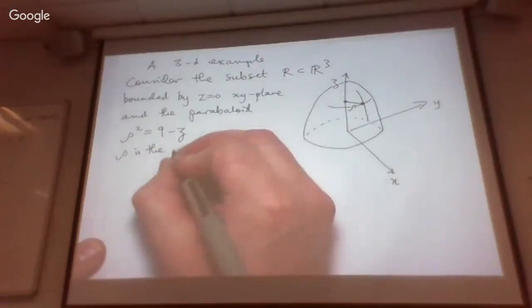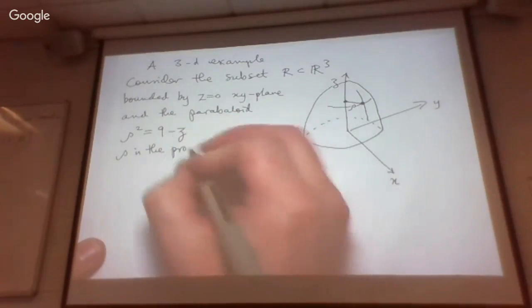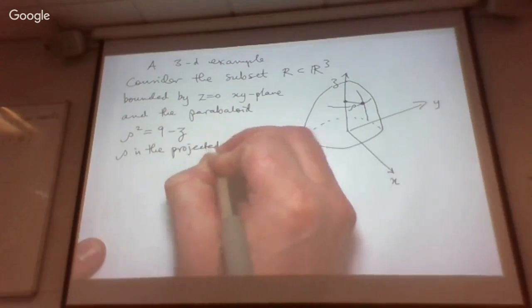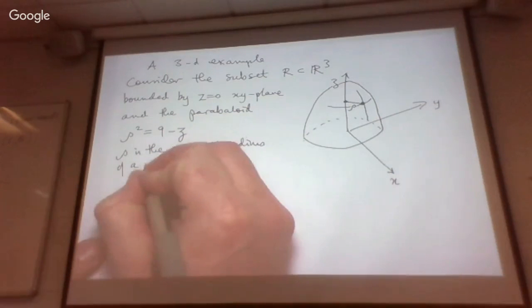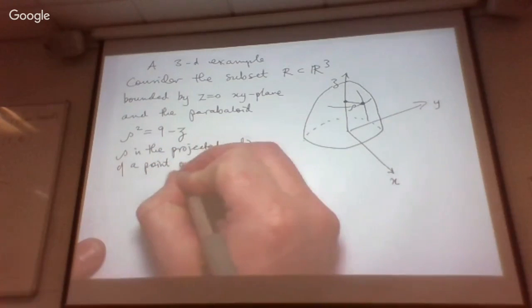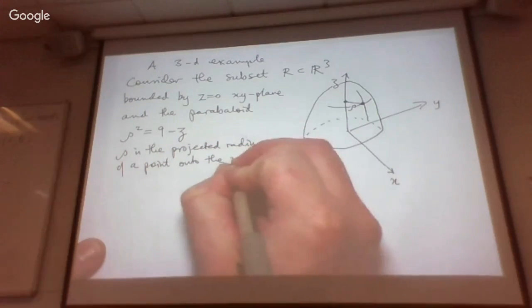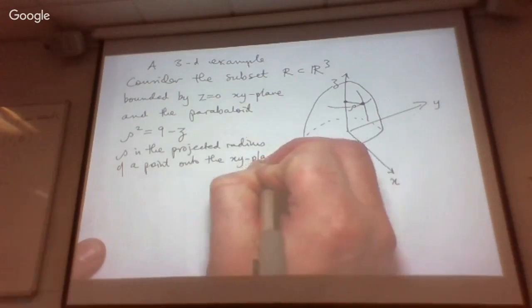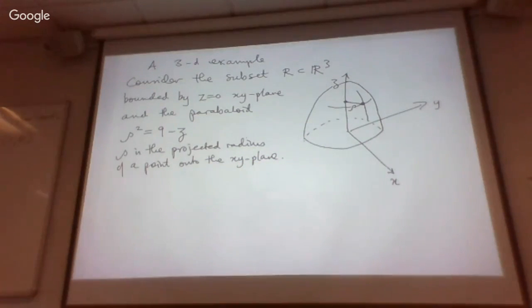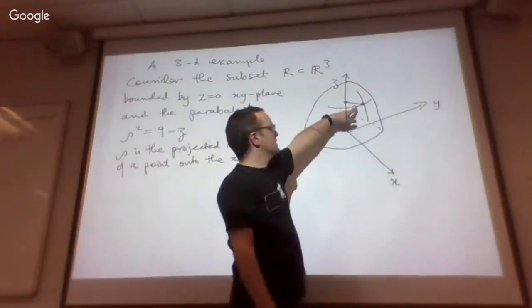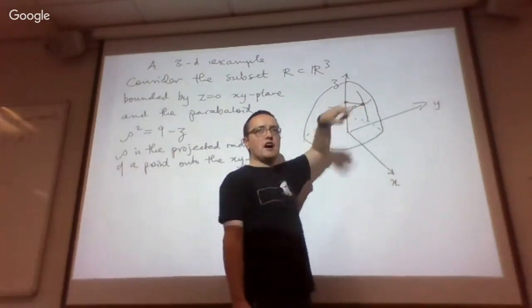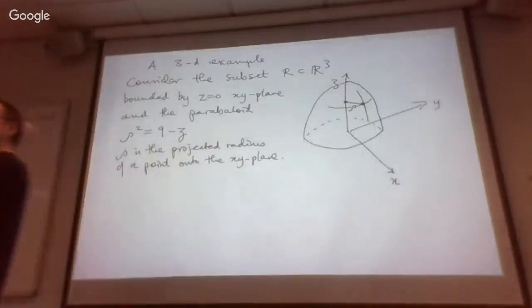Rho is the variable featuring in the cylindrical coordinate system. The projected radius of a point onto the xy plane. Or in other words, it's like the horizontal radius of a point away from the z-axis.